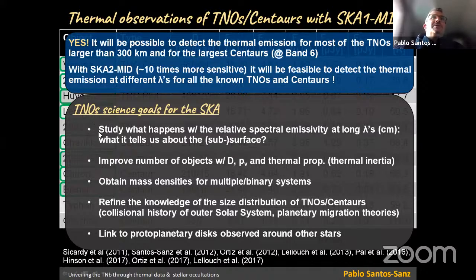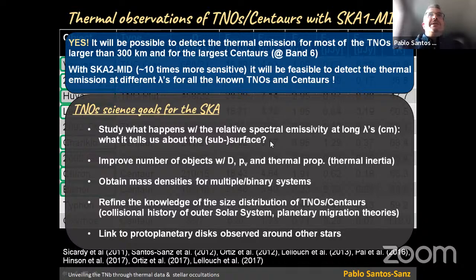This is interesting because if we are using centimeter wavelengths, we can sound the subsurface of the object. Using ALMA as well, we can obtain information on the subsurface of these objects.